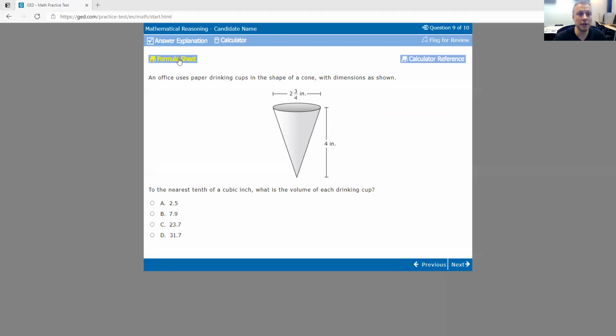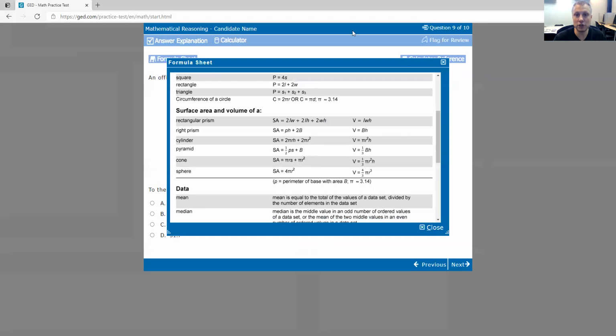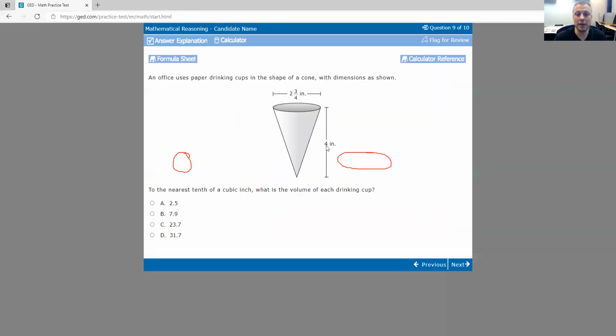We can go in here and say, okay, let me double check. It is right here. That was the cone, and this is the volume formula. So perfect, 1/3 pi r squared times h. We're going to write it out, and then we're going to substitute. So it's 1/3 pi r squared h.